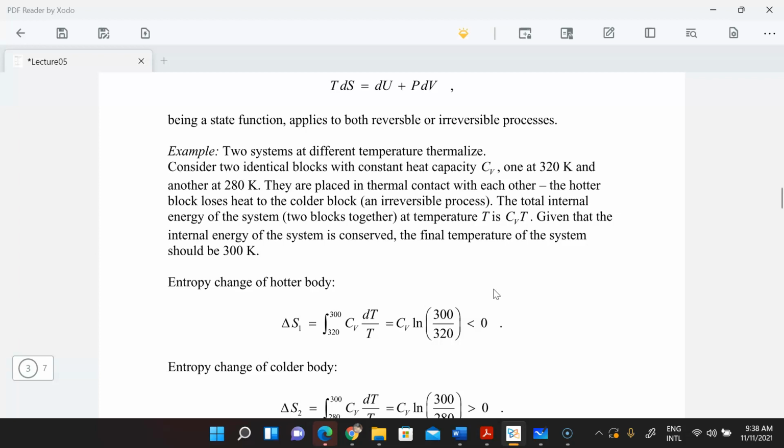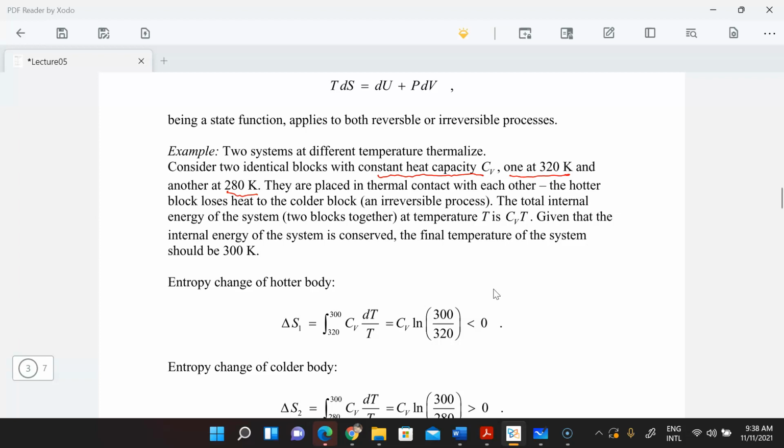Okay, in this case, both of them have a constant heat capacity for simplicity. But these identical blocks will have one of them at a different temperature. Here it is 320 K, and then you can have another at 280 K, and then after that, we put them in contact with each other.